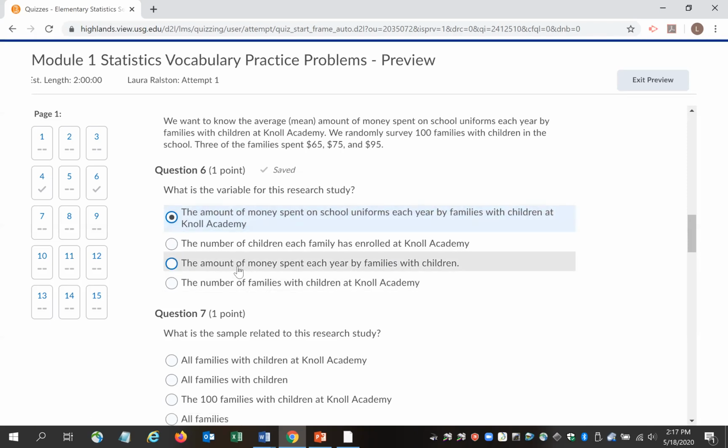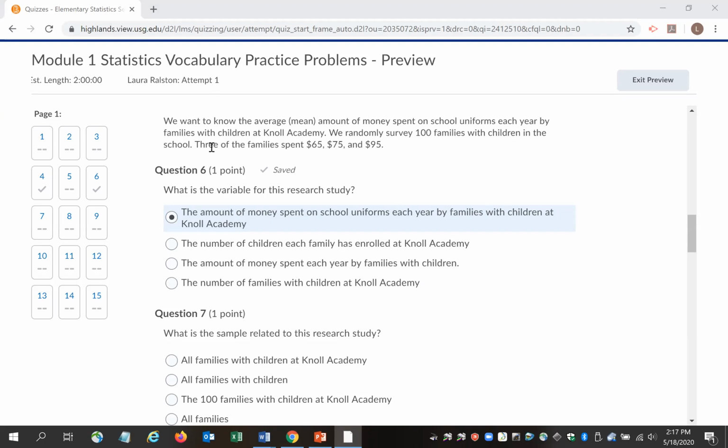The one that might be confusing here would be the amount of money spent each year by families with children. That might be the one that trips you up. But again, remember, the devil is in the details. They were specifically looking at school uniforms for children at Knoll Academy. So make sure you get all of those description type words in there.